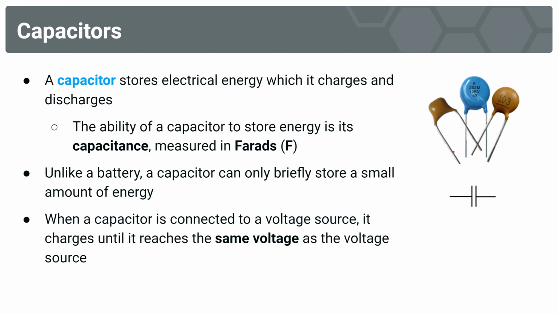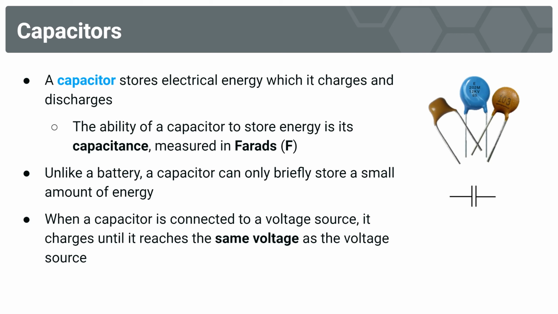It's the ceramic capacitor. Now, a ceramic capacitor is non-polarized. Some capacitors aren't, but for our typical use case in the course, we're sticking with ceramic capacitors, so you'll use the non-polarized capacitor symbol. Unlike a battery, a capacitor usually only briefly stores a small amount of energy.